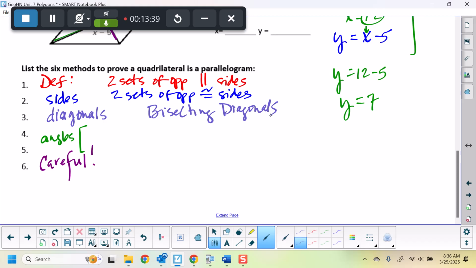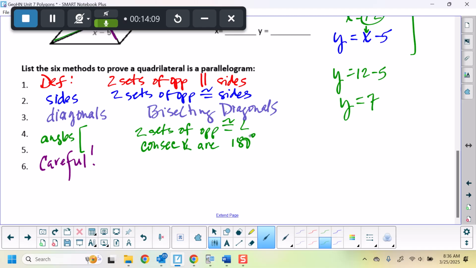Now comes the 2 conversations about my angles. I know that I have 2 sets of opposite congruent angles, and I know that my consecutive angles are supplementary. So those 2 angle conversations are kind of infused together.